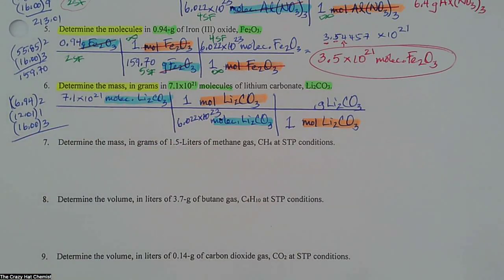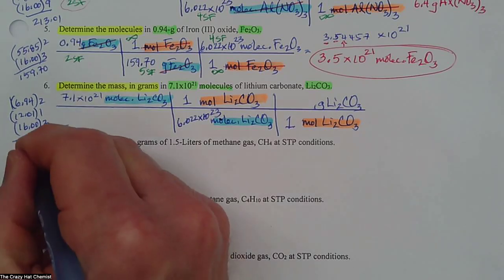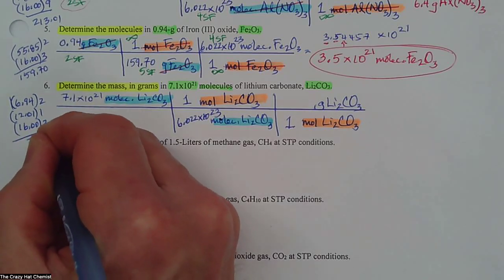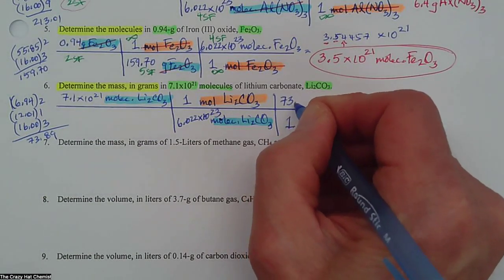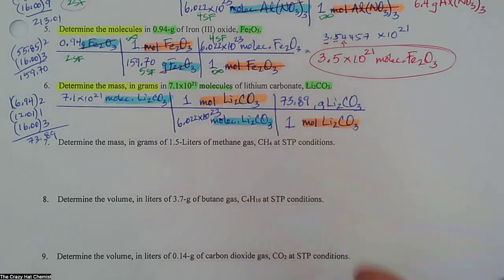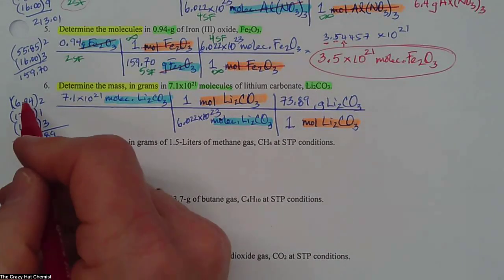Okay, so the molar mass for lithium carbonate is 6.94 times 2, 12.01 times 1, 16.00 times 3, and I'm going to get 73.89. So that goes right here, 73.89. That has 2 decimals, the least number of decimals in all 3 of these elements.